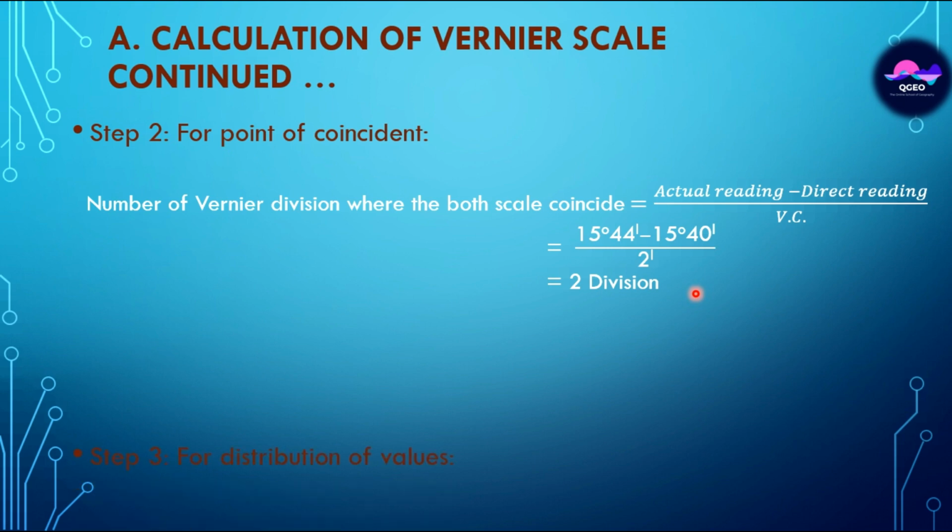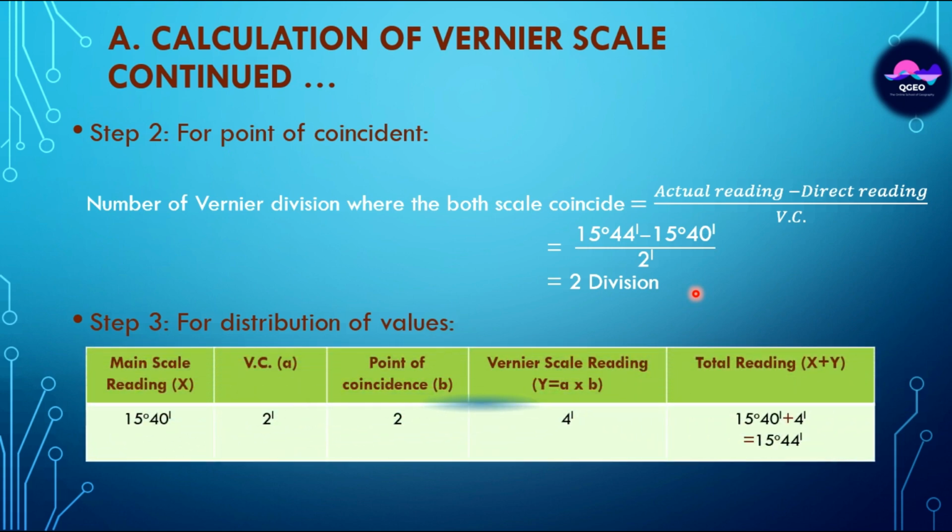Now step 3, for distribution of values, main scale reading X is 15 degree 40 minute, vernier constant A is equal to 2 minute, point of coincidence B is 2, so A into B is equal to Y, the vernier scale reading, 4 minute. Total reading will be X plus Y, that is 15 degree 40 minute plus 4 minute is equal to 15 degree 44 minute.